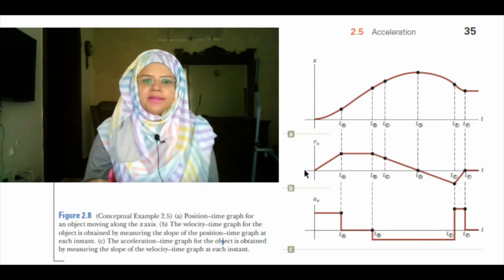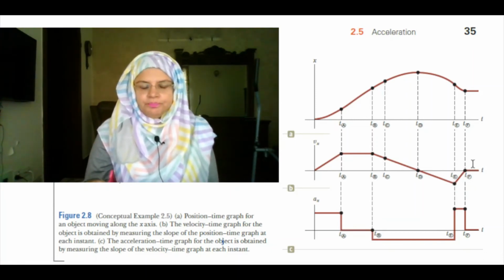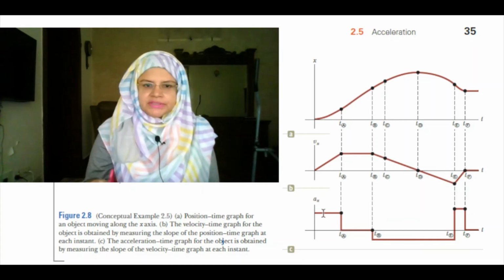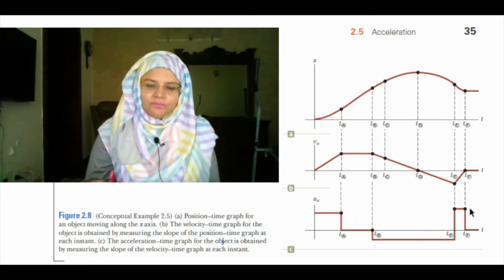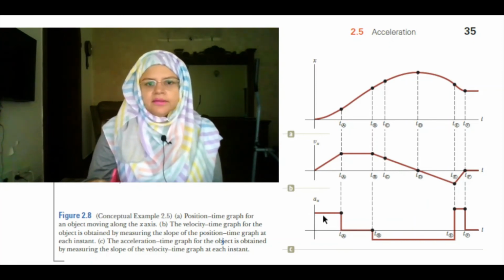If we compare it to the slope between 0 and ta, we notice that the slope between te and tf is much steeper. If we plot the acceleration time graph as in 2.8c, we see that the acceleration is positive and constant between the points te and tf, and it is higher in value than the acceleration between the points 0 and ta.